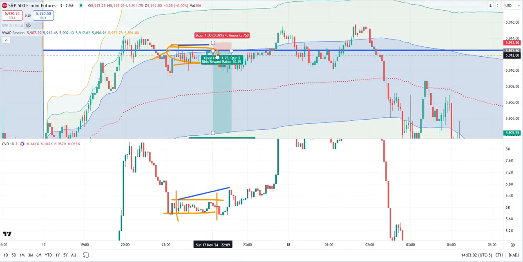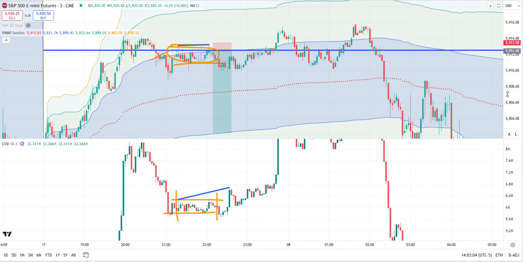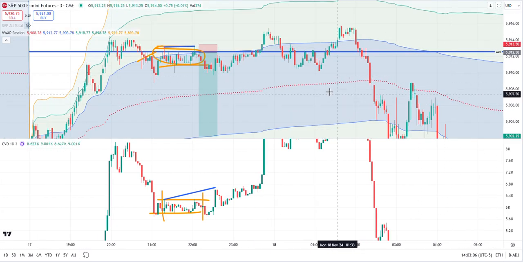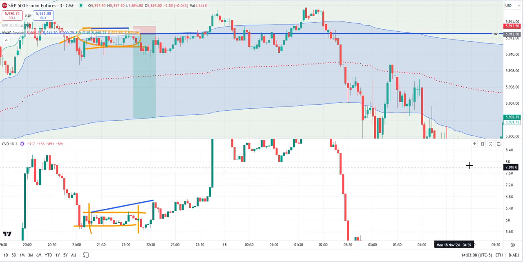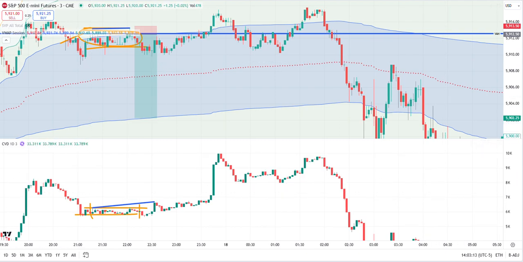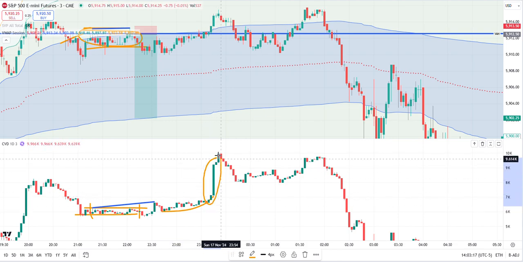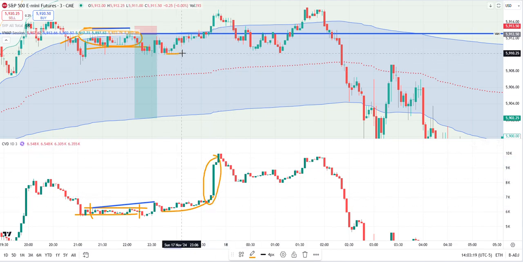On the 10 risk reward, you get stopped out. It's fine. Happens. Now you get this huge buying, but in price, there's no huge move.